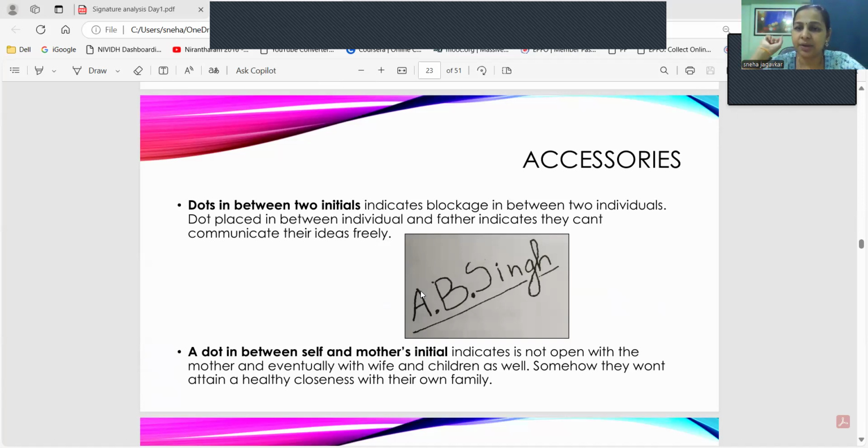I used to sign S. Jagaukar, S. Jagaukar, right? I didn't realize it then. Later, after doing this course, I realized how wrong I was. And I actually had a tough time conveying my ideas or thoughts to my parents, especially my father.